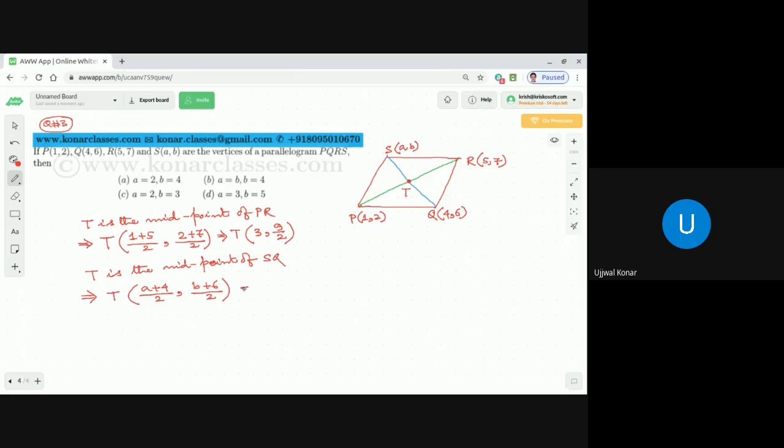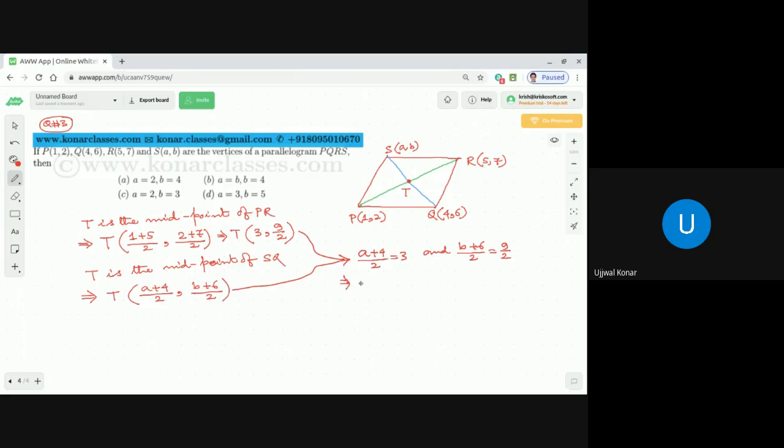Correct or not? So from here what can we say? Both are the midpoints, no? So we can club these now. We can say that (a plus 4) by 2 is equal to 3 and (b plus 6) by 2 is equal to 9 by 2.